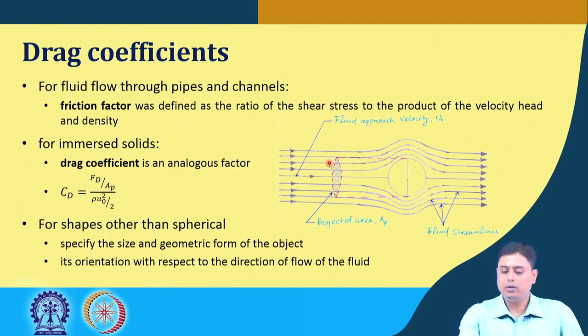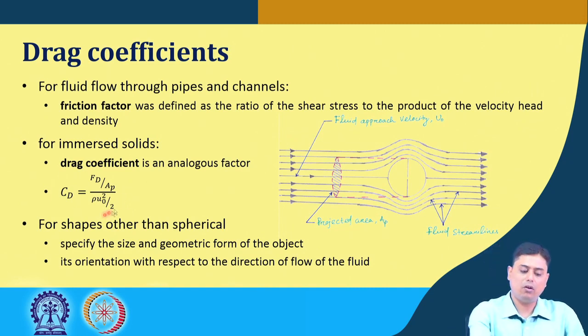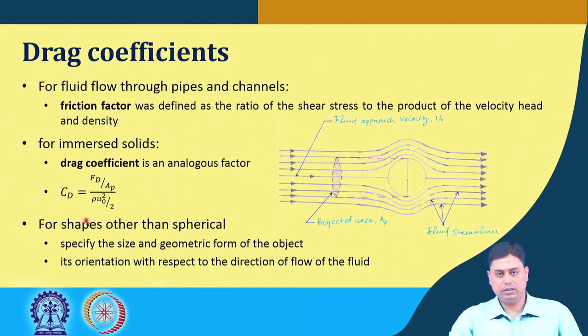If the total drag force is FD, the drag force per unit area is FD by AP, and at the bottom we have rho, the density, and the approach velocity squared by 2, which is basically the velocity head. So this is the definition of the drag coefficient.